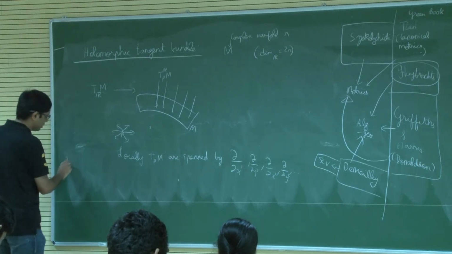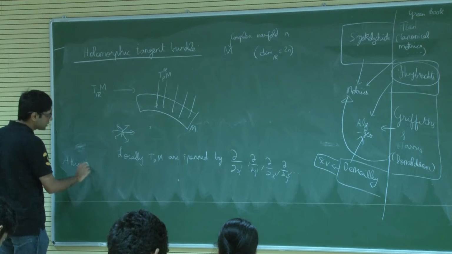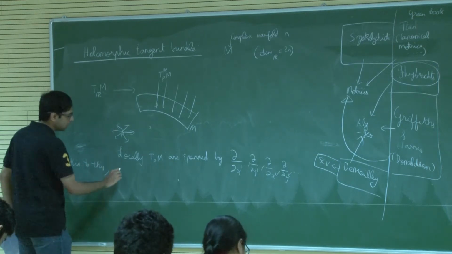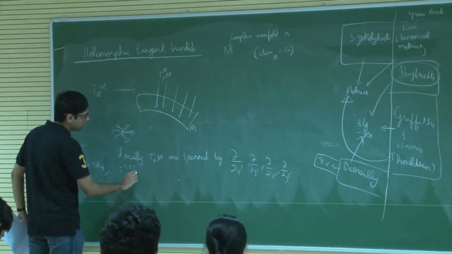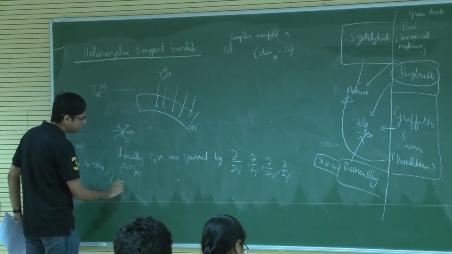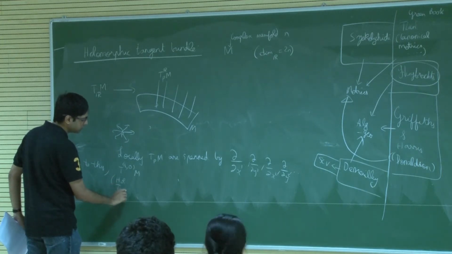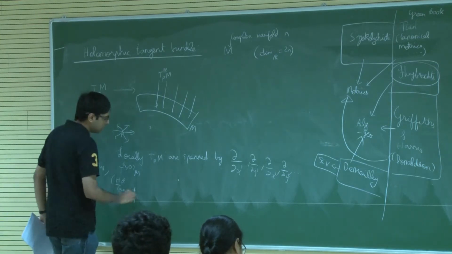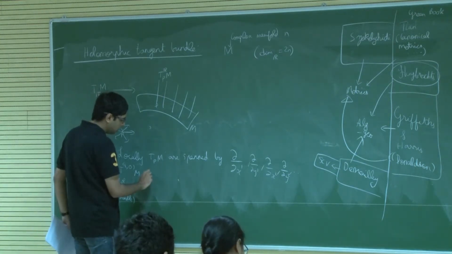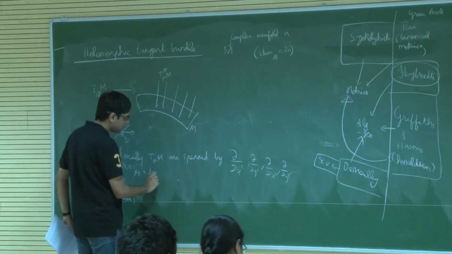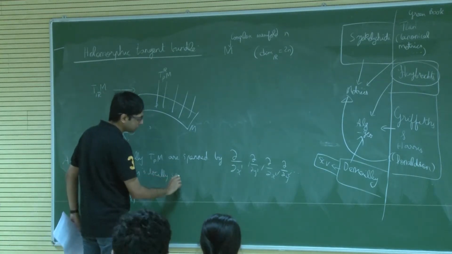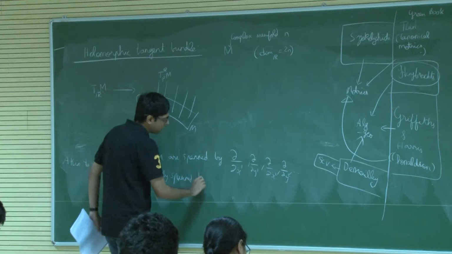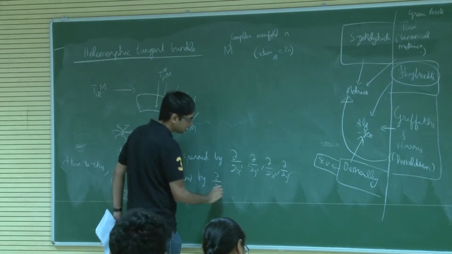Akin to this construction, T^{1,0}M, the so-called holomorphic tangent bundle, is locally spanned by these things.